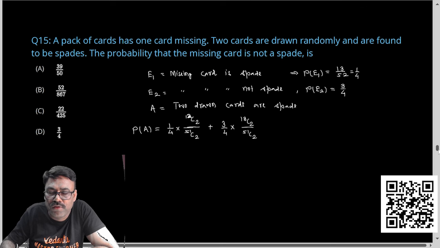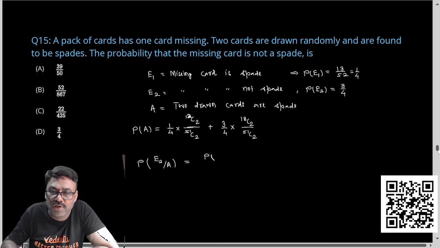But this event has already occurred. You know that A has already happened. They are asking that the missing card is not a spade given that A has already occurred, means the two cards drawn are already spades. So just use conditional probability.